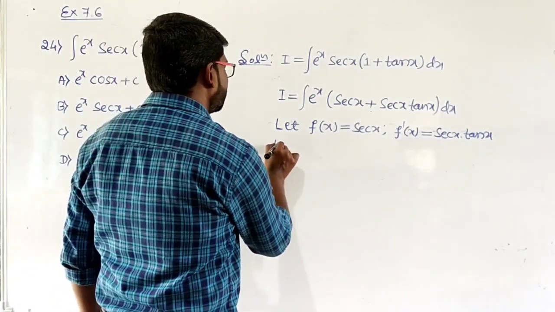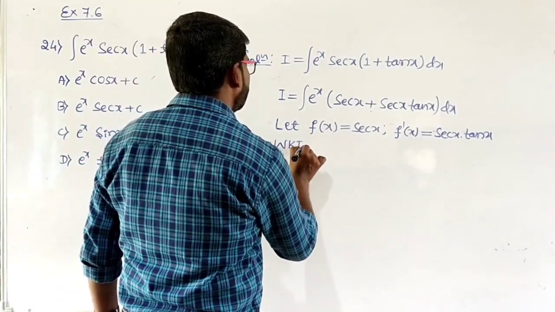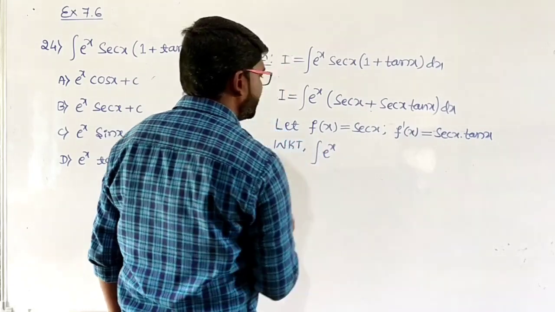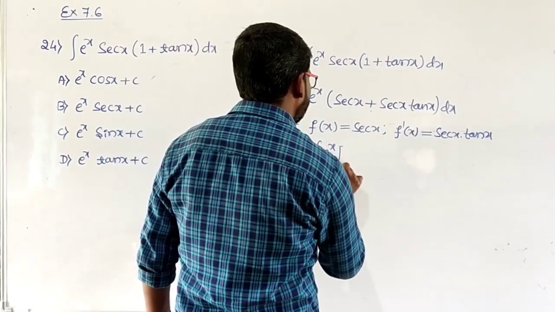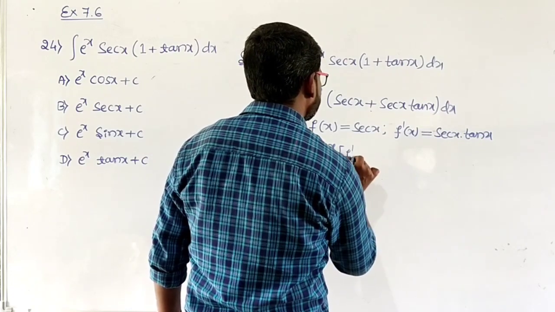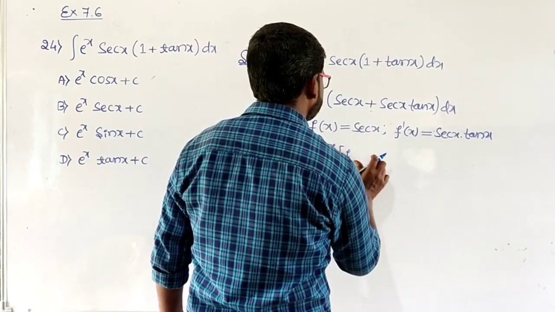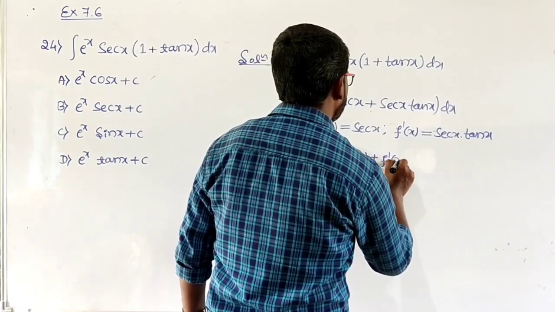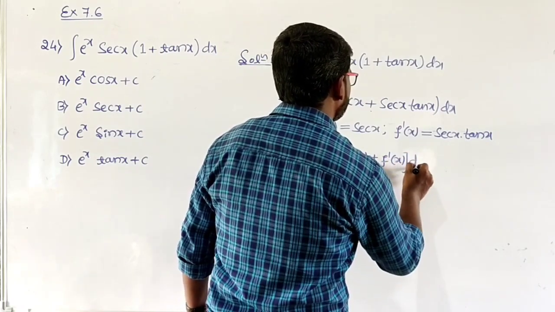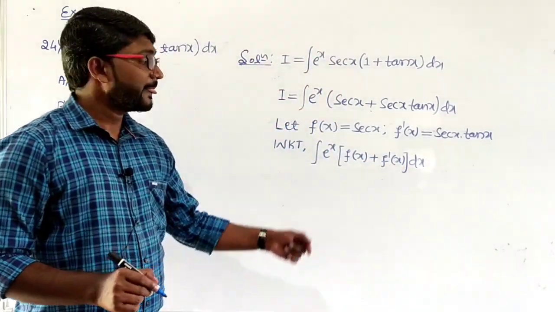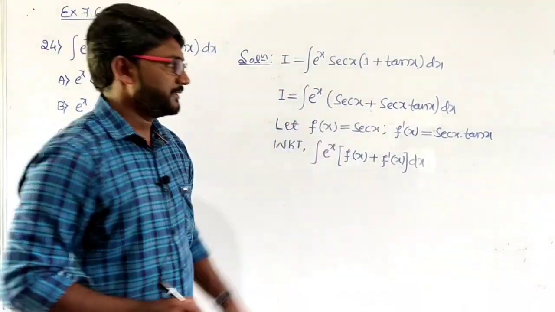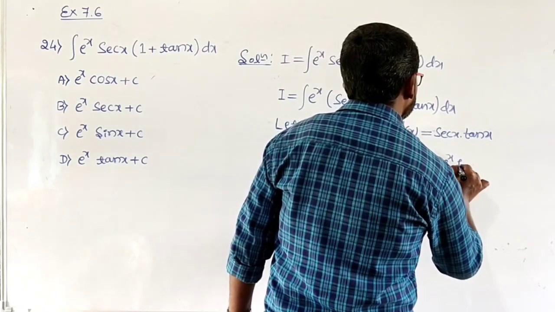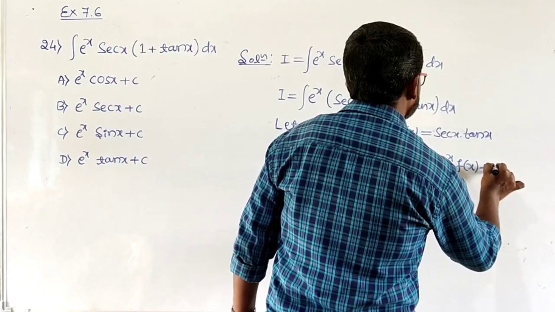We know that integral e power x into the bracket f of x plus f dash of x dx equals e raised to x into f of x plus c.